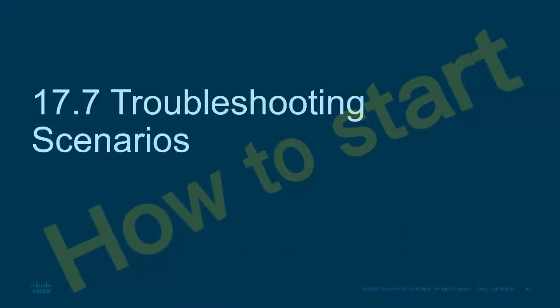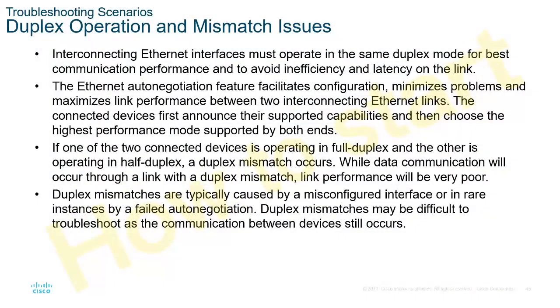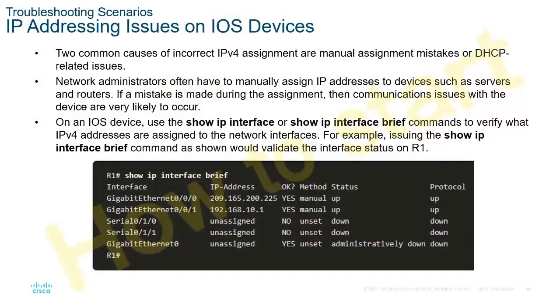So let's go and look at some troubleshooting scenarios. If we're looking at an interconnecting Ethernet interface that has to be operating in the same duplex, how could we troubleshoot that? Well, we could be looking at a show ip interface brief. This lets us know the services are up, but this may not give us the details that we need. Looking at a show interface may give us the details of the speed.